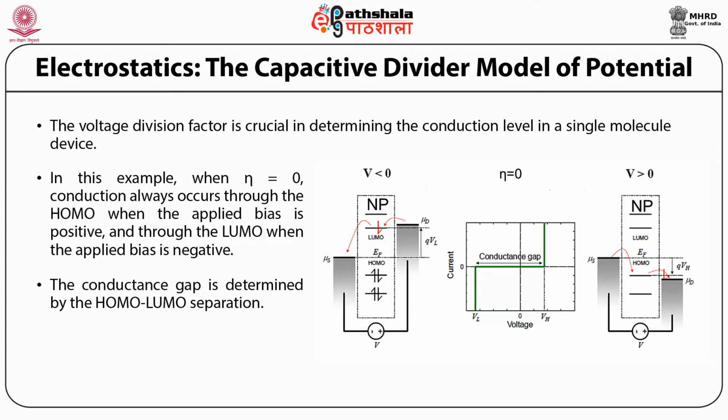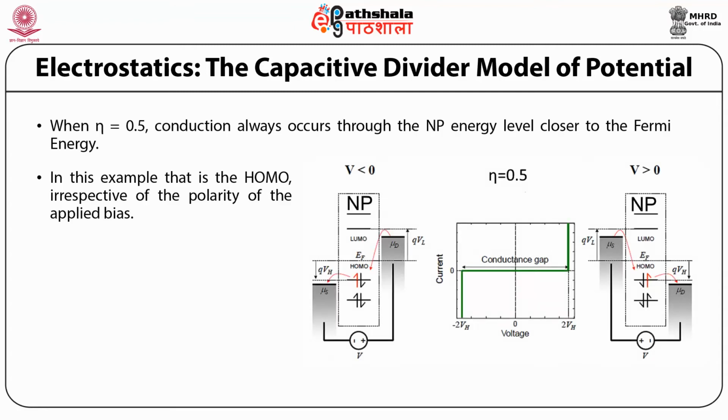Hence, the current-voltage characteristics of this device will exhibit a gap around the zero bias that corresponds to the HOMO-LUMO gap of the nanoparticle. So students, as you can see in this figure, the conduction always occurs through the HOMO when the applied bias is positive, and when the applied bias is negative, the conduction occurs through the LUMO.